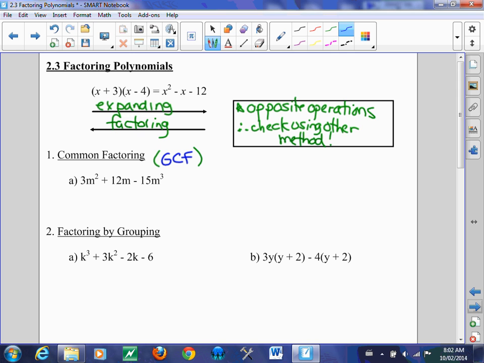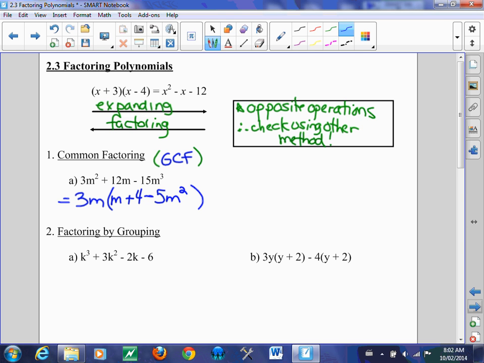So looking at A, notice that a 3 goes into all of them as well, but also notice that an M goes in, okay? So what we want here, ladies and gentlemen, is put your greatest common factor out front, which is 3M, and then you divide every term by 3M, and the leftovers go in your bracket. So it's going to be M plus 4 minus 5M squared, okay? That's common factoring.